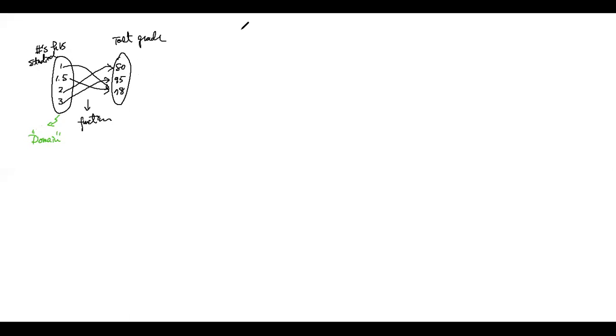And here, this is what we call the range. The range is the possible outcome of this function. So this type of relation we say is a function.